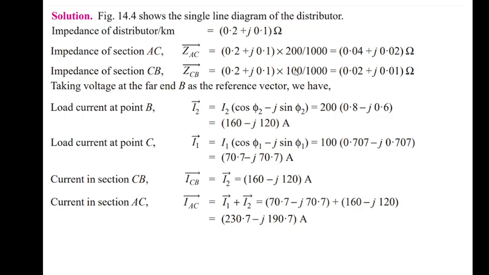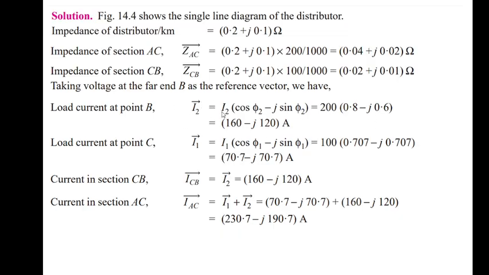So this is very easy. We have 200 meters from the source divided by 1000 to convert to ohm. So the impedance of the distributor, the impedance of sections AC and CB, can be calculated by this, and then we can calculate the current.